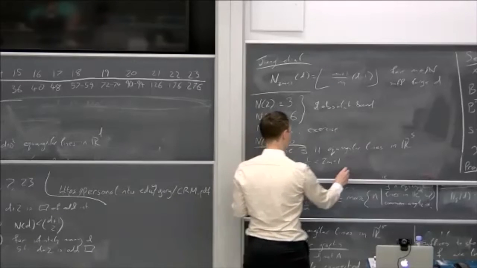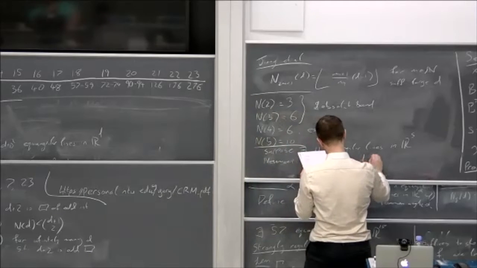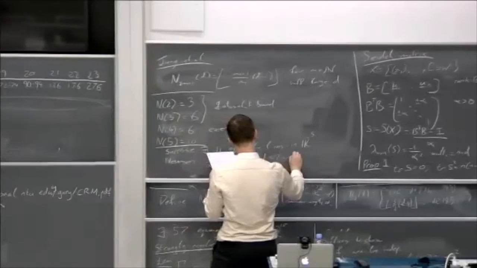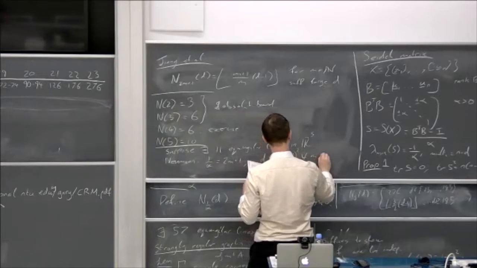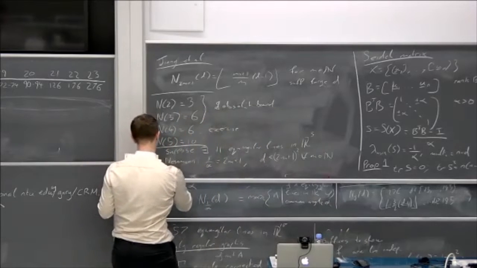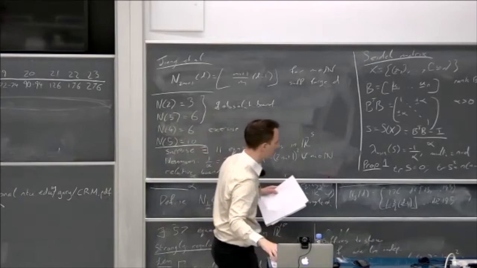Now we can apply the relative bound. Because d is strictly less than (2m+1) squared for all m, we can apply the relative bound. So the relative bound, actually, let me move over here.